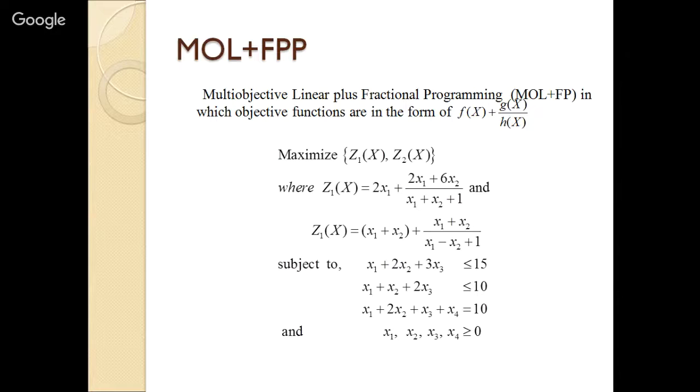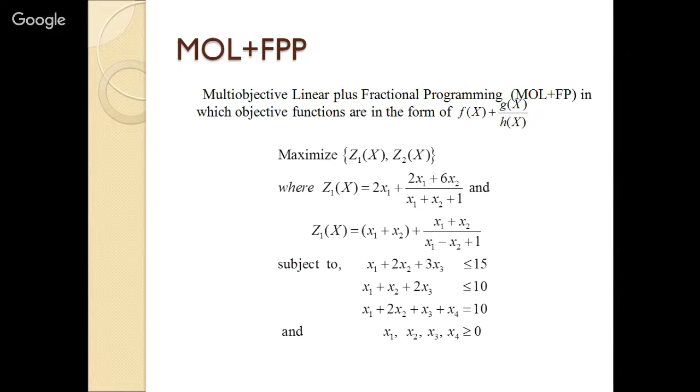For example, I want to maximize my profit and also minimize my investment, so sometimes it becomes impossible. But at a satisfactory level, we can find that our profit is maximized and we have minimum investment.